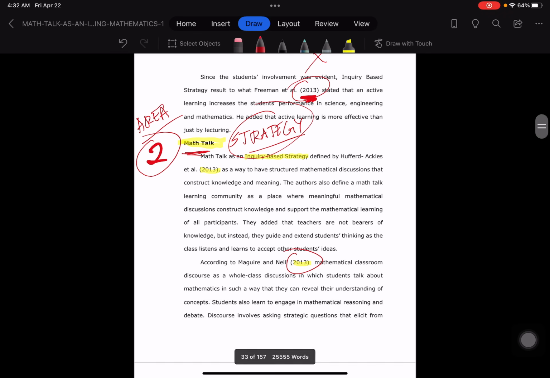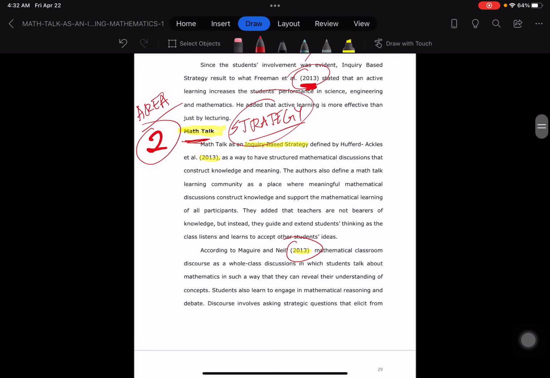And then the next subtopic is math talk, which is already the strategy that they will use. So you have the concept and then the strategy, which is the second area for the discussion. This is why it is called the thematic approach. You do not use the classification headings of local and foreign literature and studies anymore.